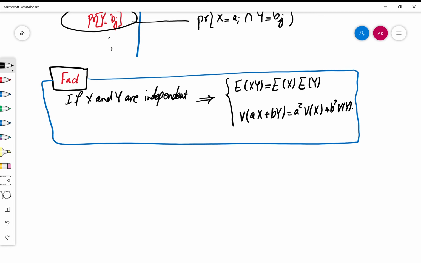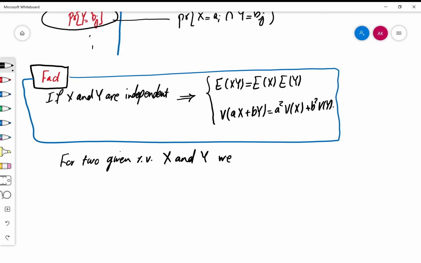Now, let's say I have two random variables X and Y. Two random variables are given, and we somehow know, either we know the numbers or we are given the fact, that E[XY] is not equal to E[X]E[Y]. If someone gives us such a pair and E[XY] is not equal to E[X]E[Y], what could go wrong?